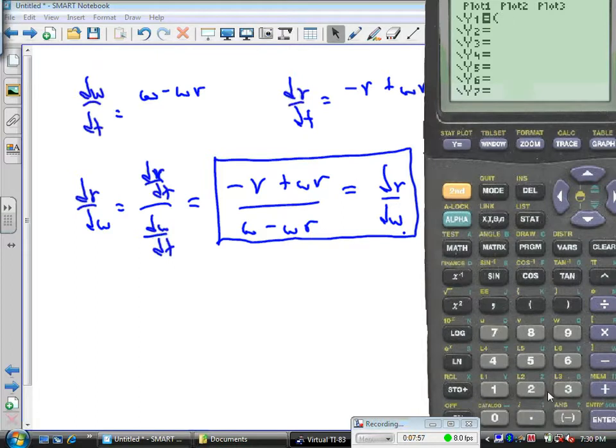Okay, so open parentheses, negative alpha y plus x times alpha y. That's the numerator where r is y, right? The denominator, let's see, w is x, so it's x minus xy. Okay, divided by, open parentheses, x minus x times y, alpha y.